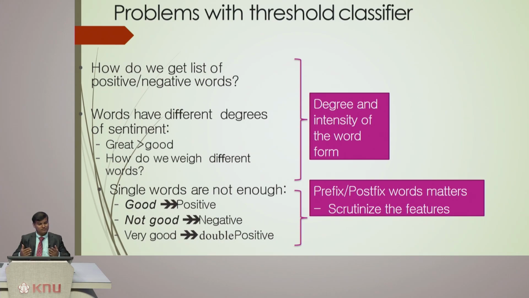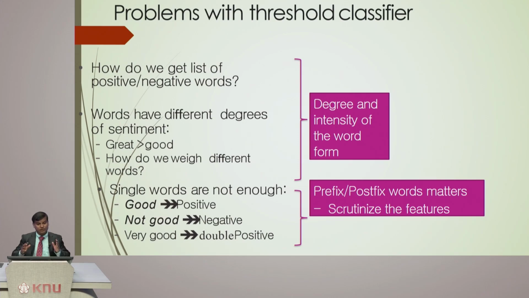Very good, that's definitely, I would say, double positive. At times we have to look at the prefix and postfix words because they can really turn around the actual sentiment. So we may have to scrutinize the features that we are looking at and model it accordingly. Okay, let's try to refine.